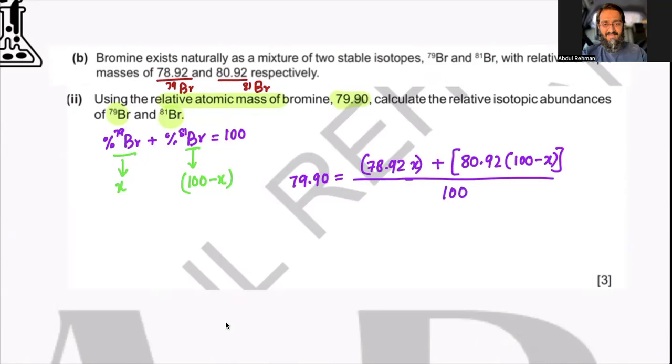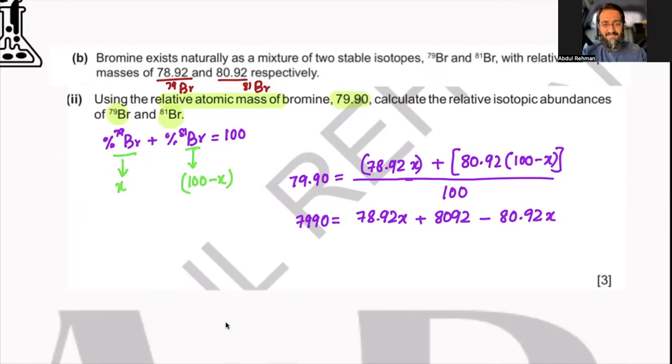Is this clear? Yes, Mariam? Okay. So when I move the 100 to the left side, it will become 7990, is equal to 78.92x plus 80.92 into 100, which is 8092, and then plus and minus makes it minus 80.92x. So I keep the simple numbers on one side, and the terms with the variable x on the other side.